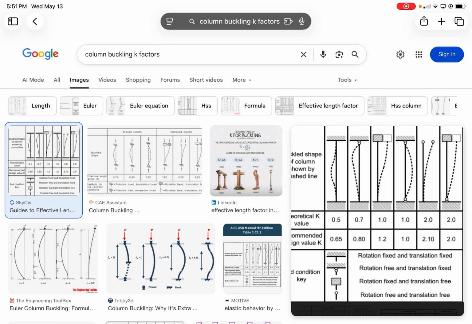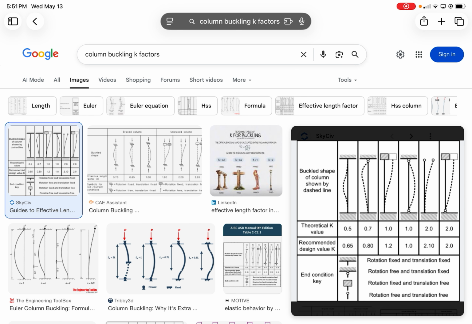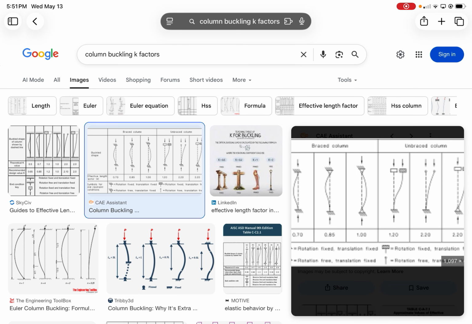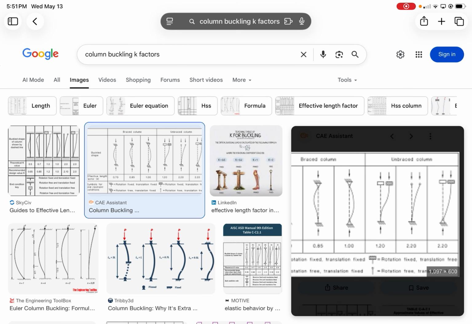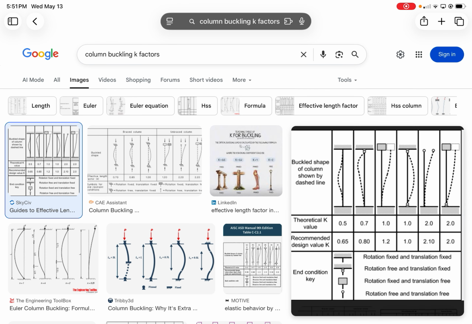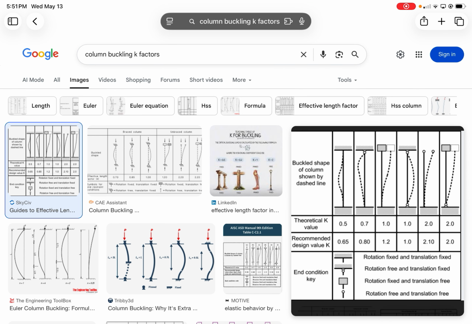So in this case, the K factor for this type of column would be about 1.0. That's the theoretical recommended, so the K factor for this type of column is 1.0.